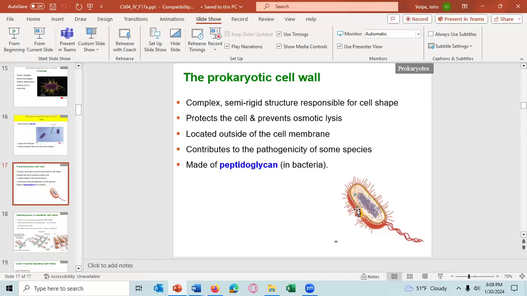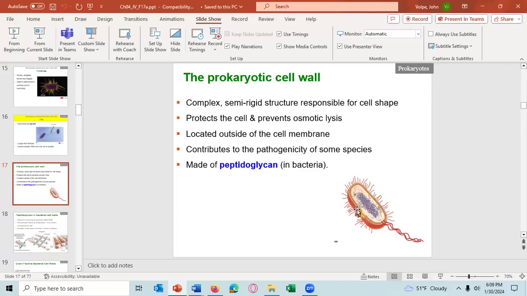The cell wall can contribute to the pathogenicity of some species, like Mycobacterium. Part of the reason why that family is so toxic to humans and other animals is because of the properties in the cell wall that make the cell more pathogenic.